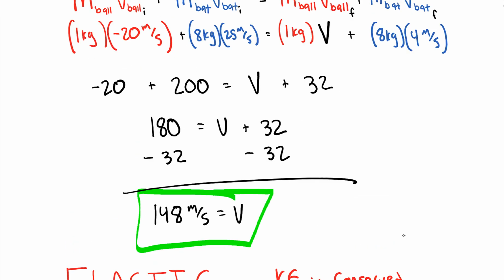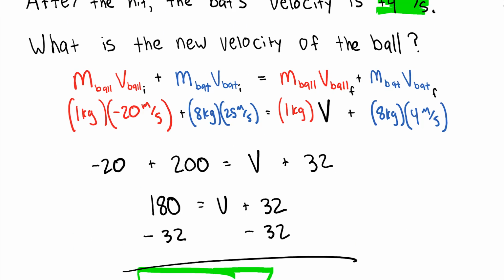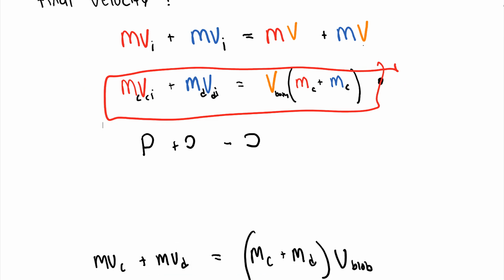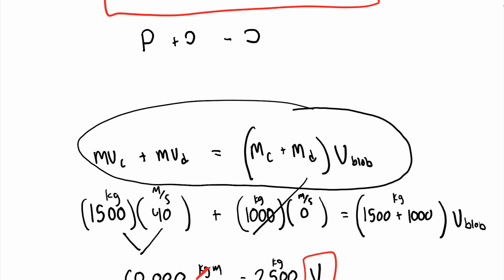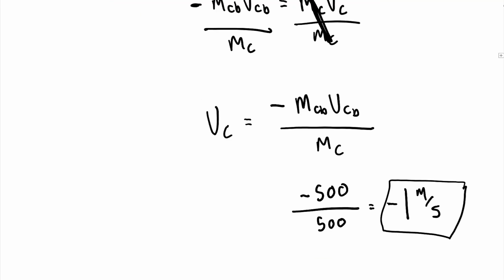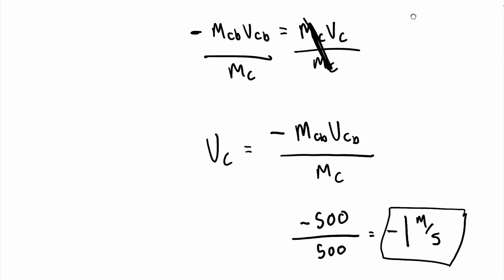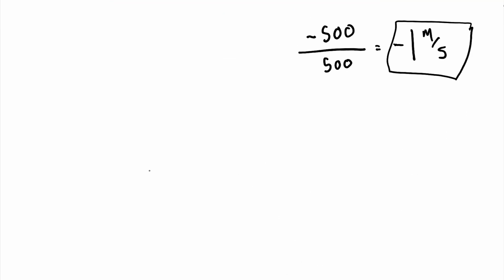You use it straightforward in elastic collisions, you just plug in the numbers and solve. For inelastic collisions, you have to get it into this form first, where you have two things on the left and one on the right. And you can do that because the shared velocity sort of distributes out. And then for explosion problems, you are always going to end up with something like this.